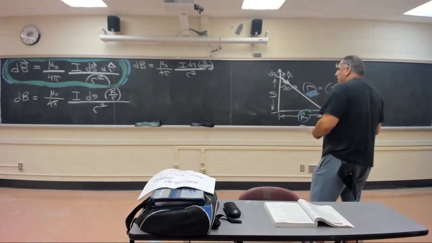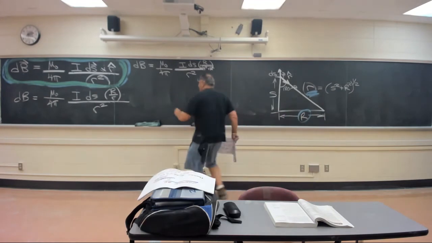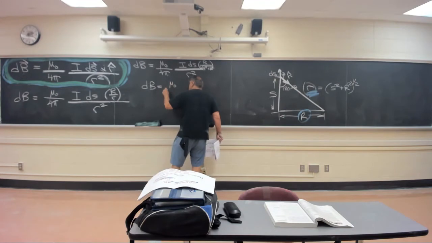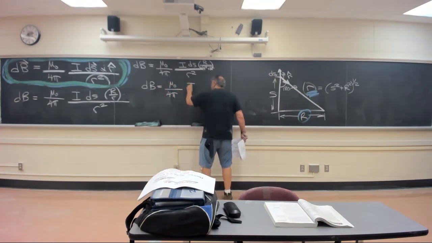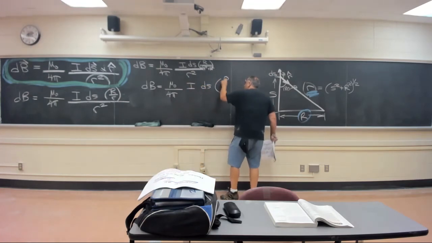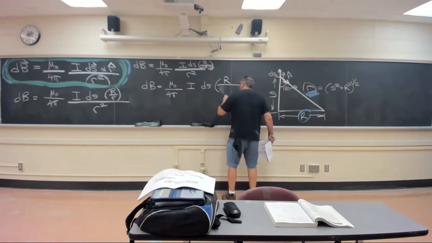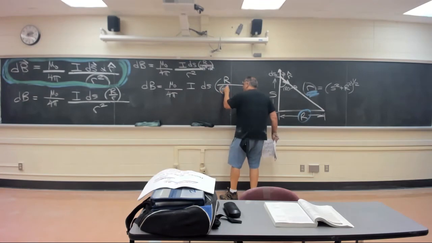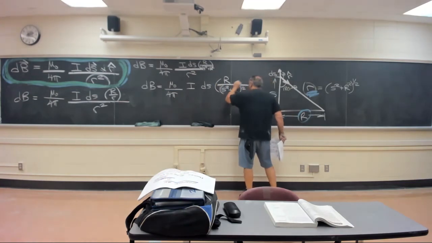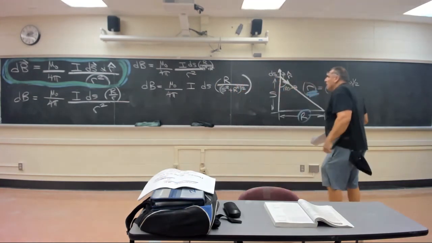So what's going on here? I mean, there's a lot. Let me say it maybe a little differently. You got 4 pi. You got I. You got ds. You can write it a whole bunch of ways, guys, right? S squared, R squared, one half.